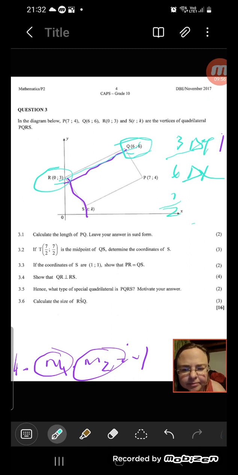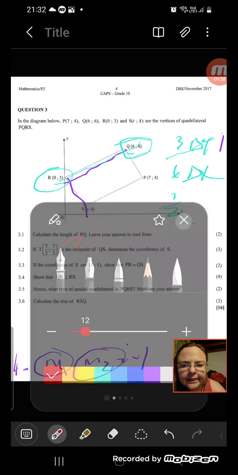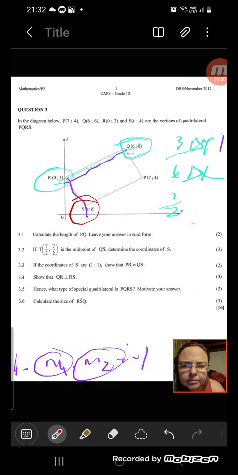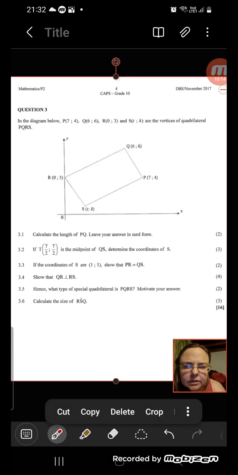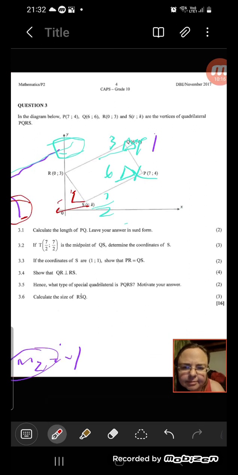Now, for this one, let's find the gradient. Once you've got the formula, man, the rest is so easy. 1, 1. So change in y: 1 minus 3 is minus 2. 1 minus 0 is still 1. So I've got negative 2 over 1.